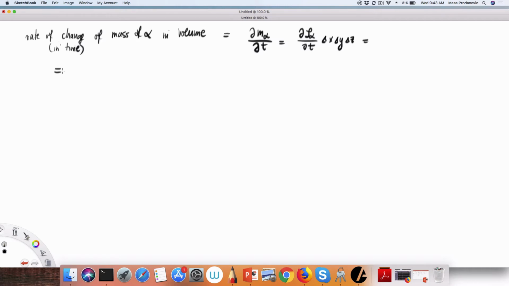So it's really just N alpha x evaluated at x. Now flux is normalized by the area, so I gotta multiply it by area. And what's removed on the other side, other x side, is minus N alpha x at x plus delta x. And again, both are multiplied with the area of the side. Yeah?